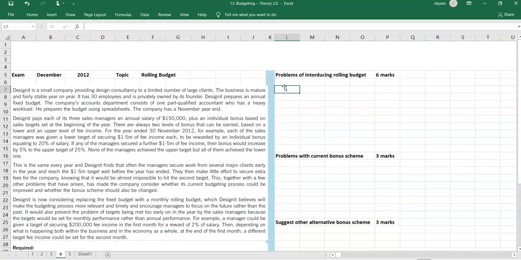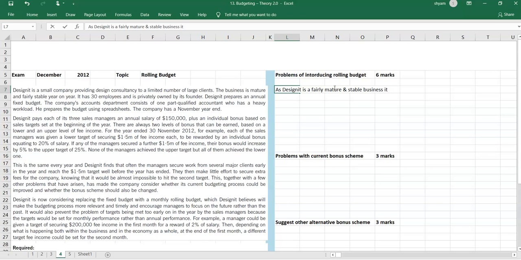Okay. So first one is, what's the problem of introducing rolling budget? See, first of all, whether the rolling budget is required or not is a question, because the company is a mature business. Only in a dynamic business we need rolling budget. So I think we'll put it as: Designit is a fairly mature and stable business.